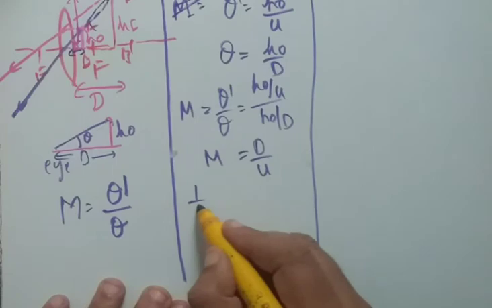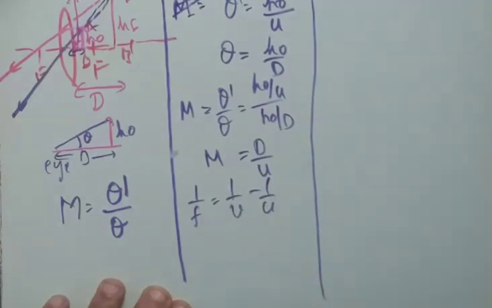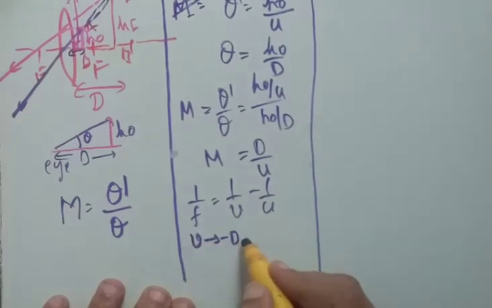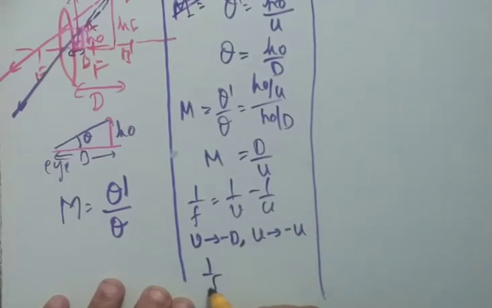For that I take the lens formula, 1 by f equals 1 by v minus 1 by u, where we substitute the sign convention. V is minus d, u is minus u, therefore 1 by f is minus 1 by d plus 1 by u.